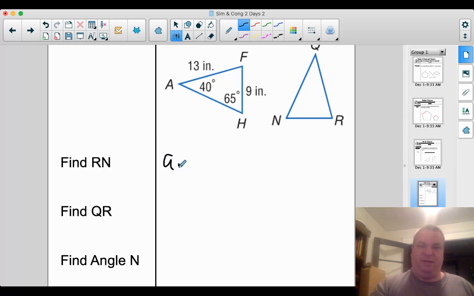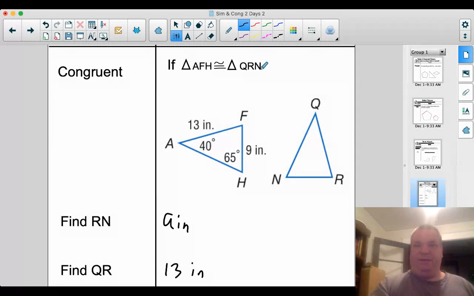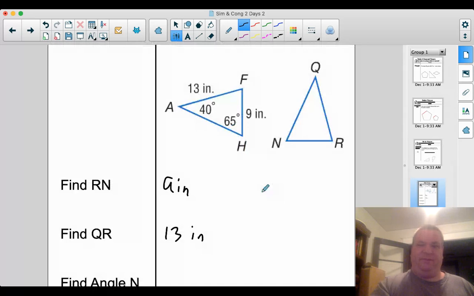This is 9 inches. This is 13 inches. I know angle N is going to match up with angle H. If we rotate it, this is going to line up with this. That means they're going to be the same measurement. This is 65 degrees, so this one is also 65 degrees.